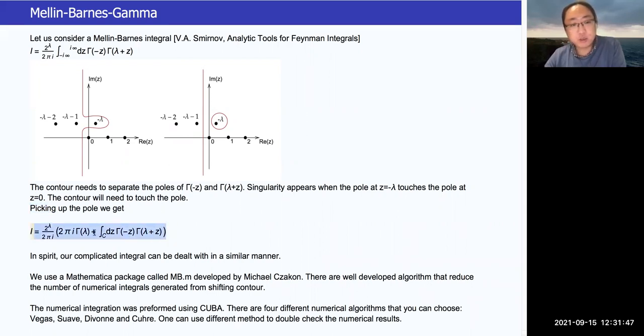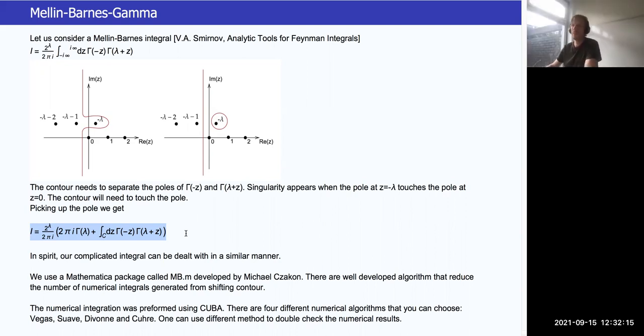You pick up a piece which contains the poles, but the remaining one is a straight line integration, and it can be evaluated numerically. That's essentially the story about the analytical continuation. So I hope I answered your question.